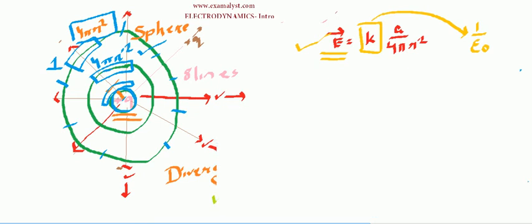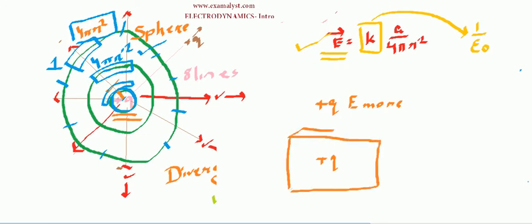If you take a charge and put the charge in free space, then the electric field is more. And if you take the same charge and put it inside a concrete wall or inside a solid box, then the electric field produced by this charge inside the box is less.